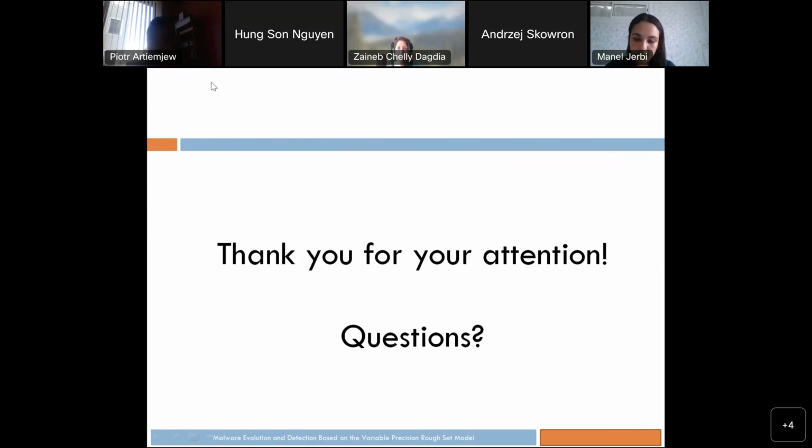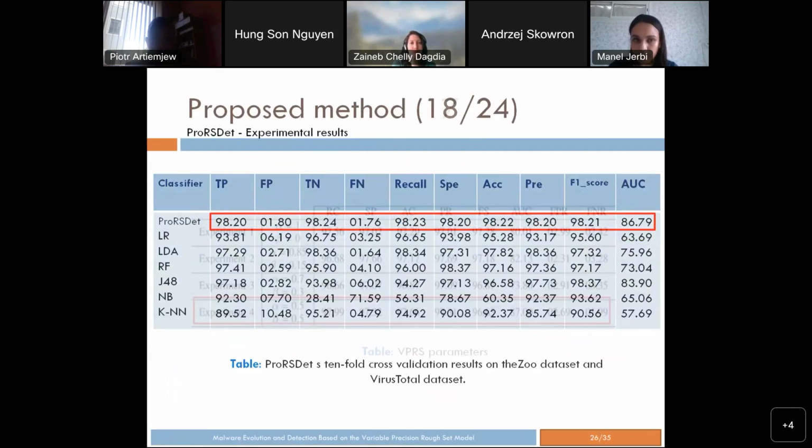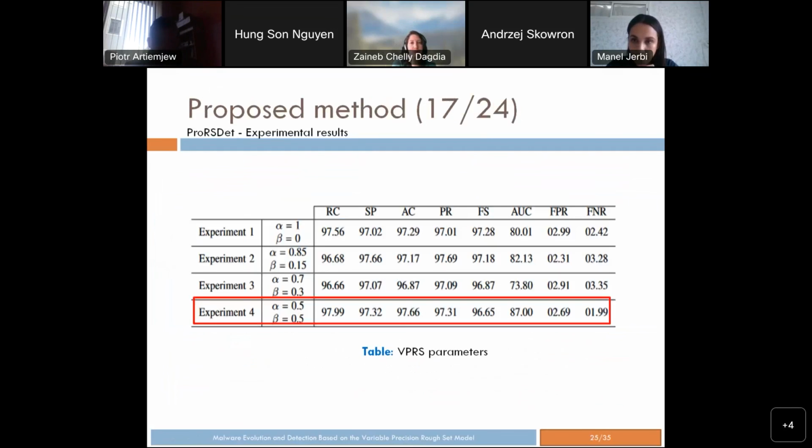So we tried different values for our parameters, and we took the best registered ones by trial. Okay, the exemplary parameters alpha and beta. Okay, thanks a lot.